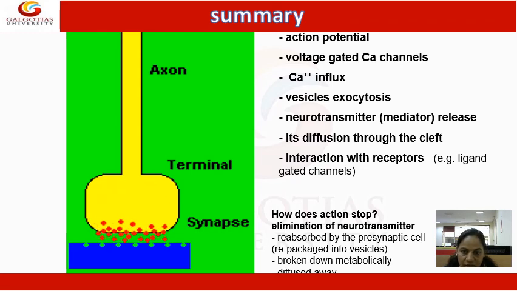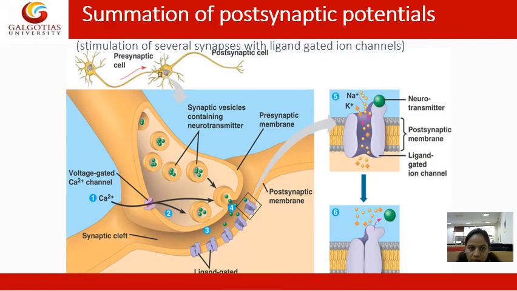The vesicle exocytosis can be shown here. Neurotransmitters are going to release this material and diffuse onto the receptor. So interaction with the receptor may be a ligand gated channel or may be another. So this kind of synaptic activity is done through this.